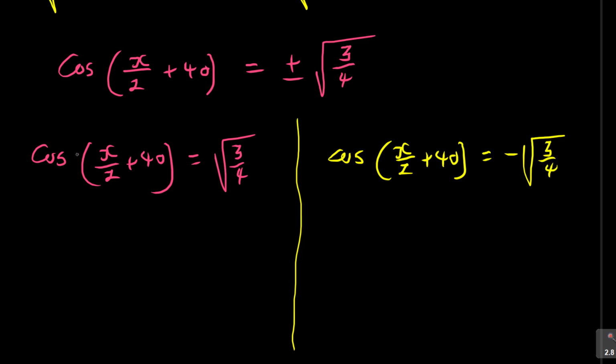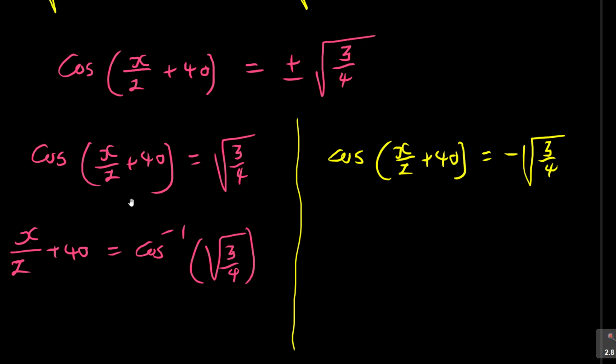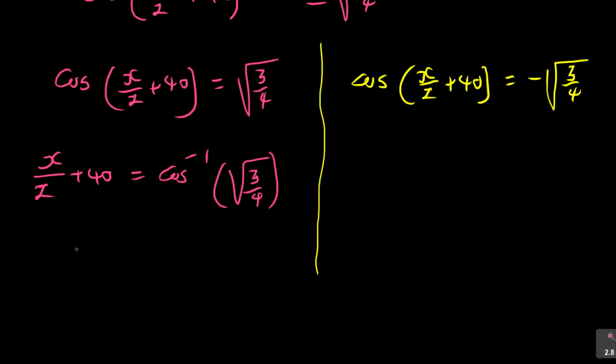To find the angle, remember the angle is x over 2 plus 40, that is equal to arc cos of the square root of 3 over 4. That's the first thing to do there. And now this is where you also need to be careful.